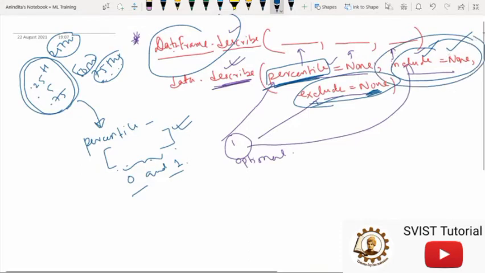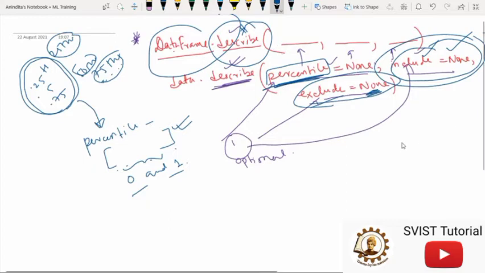In one word, what will this describe function return? It will return the statistical summary of the series and the data frame.